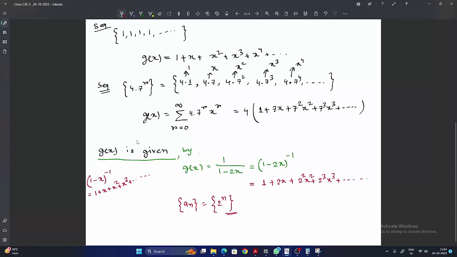Sequence to series is very easy, but series to sequence is a little bit difficult, and you have to remember, you need to partially factorize the thing. Suppose it is not 1 minus 2x. Suppose instead of this, g of x equals 1 by x square minus 3x plus 2, here also the same things.